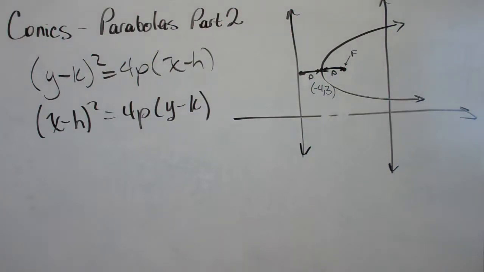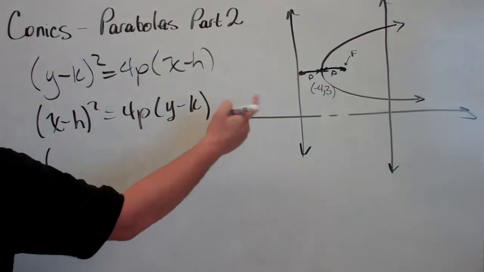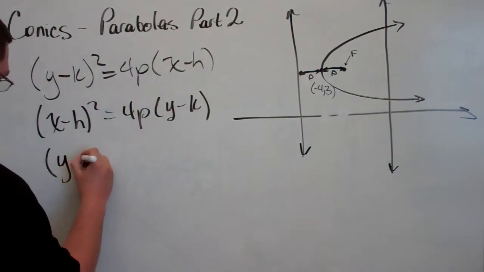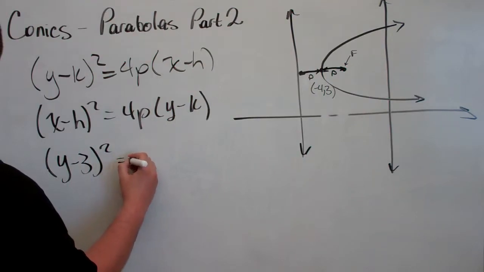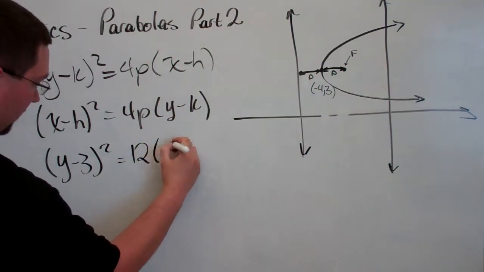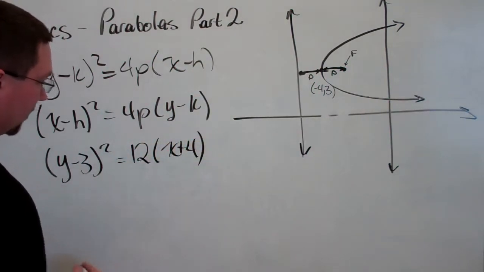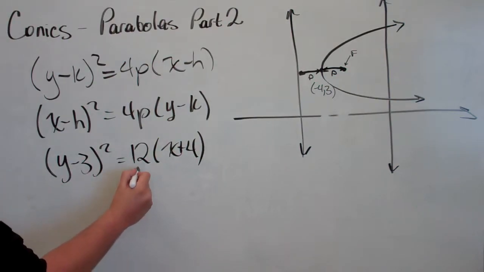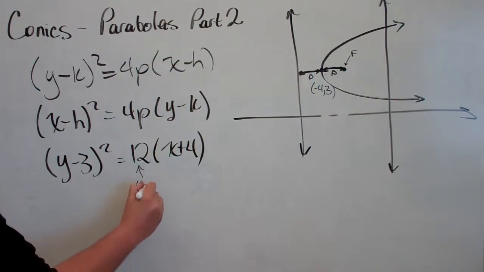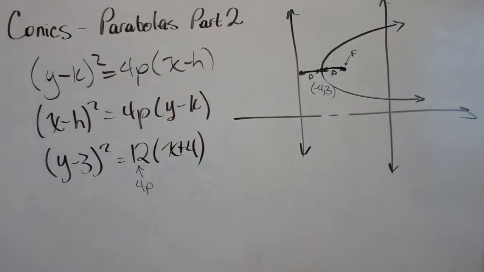Now, how do we find that p? Well, if you remember the equation for that, which I just had up there, (y - 3)^2 = 12(x + 4). Well, this 12 here is 4 times p.